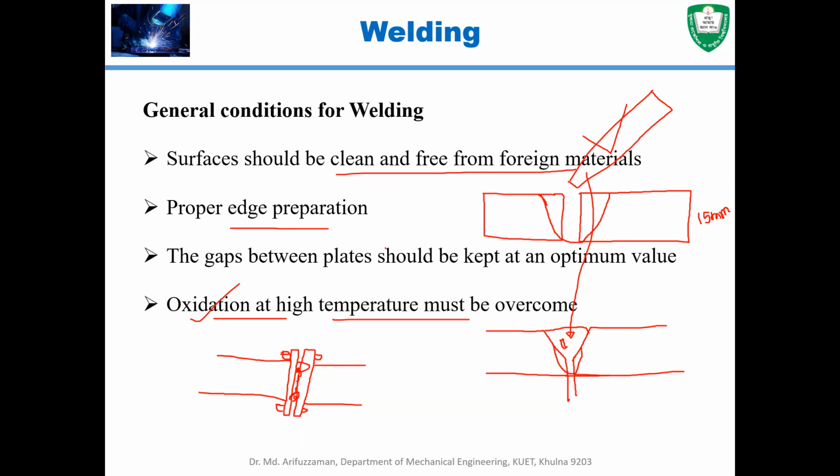If you talk about the welding, then it's a permanent joint. Okay, if you require a permanent joint, then you can do the welding. But if you require a joint that will be frequently opened and closed, then in that case welding is not a good option.